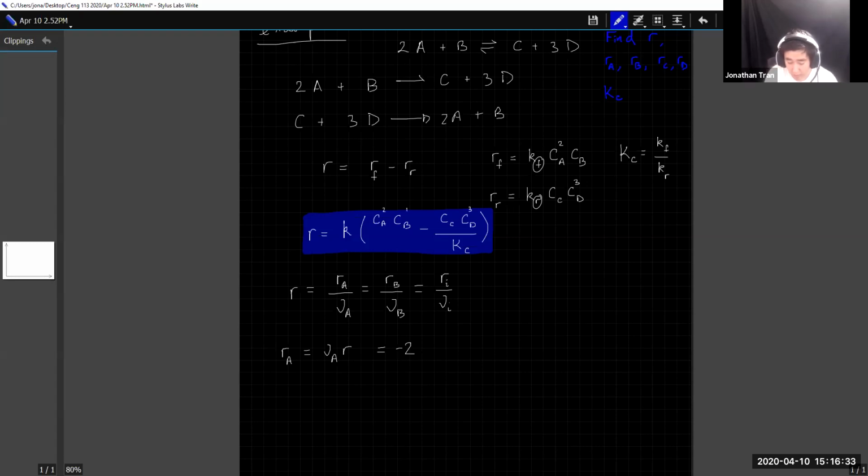So in this case, it's going to be -2 times k, lowercase k, C_A squared C_B minus C_C C_D cubed over K_C. And then continuing, we can do the same thing for the other species. R_B is simply going to be nu_B times R. In this case, again, it's a negative, but the stoichiometric coefficient for B is -1. So we're going to get -k times the same thing here.